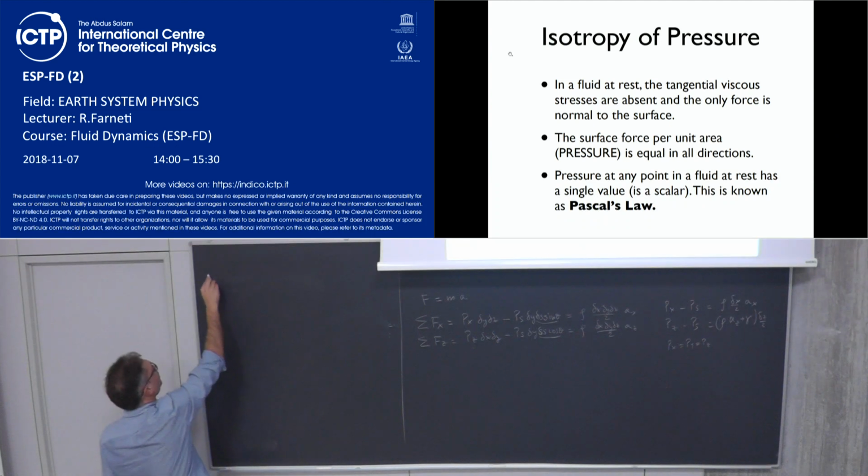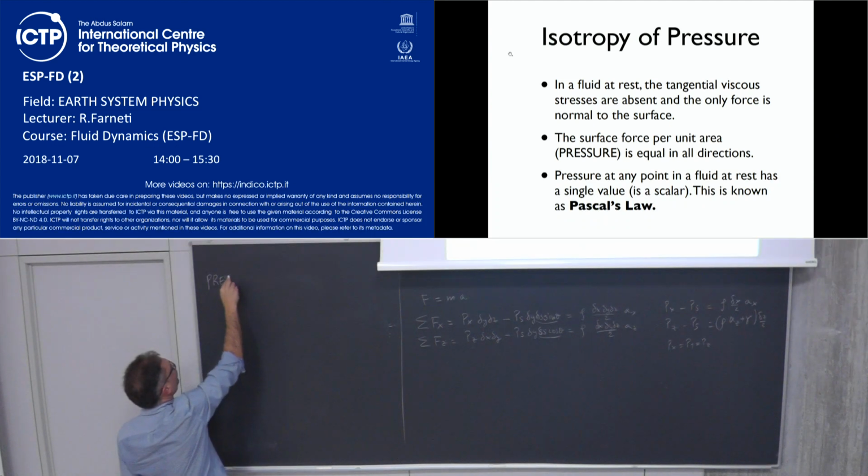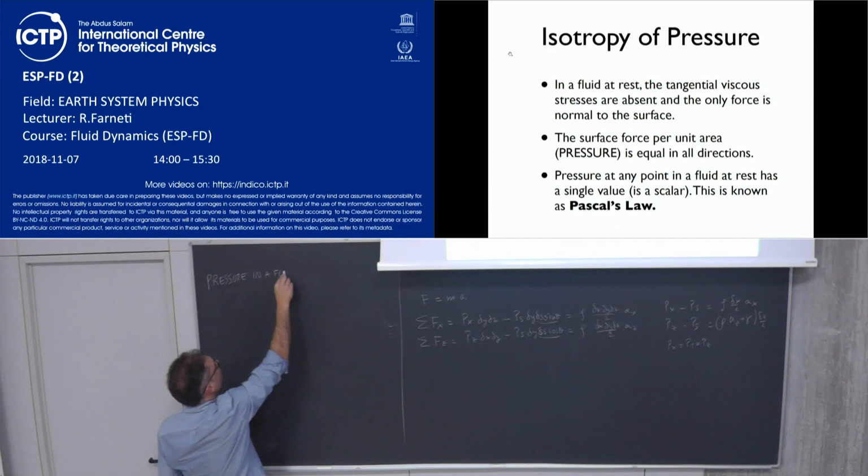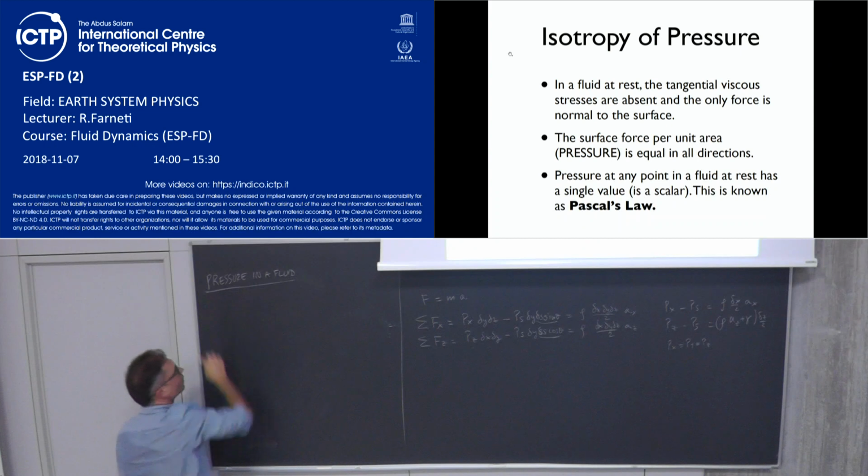So what happens to pressure in a fluid? Okay, we're now going to consider an infinitesimally small element of fluid.